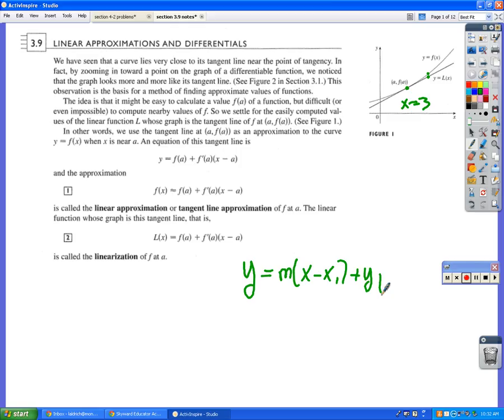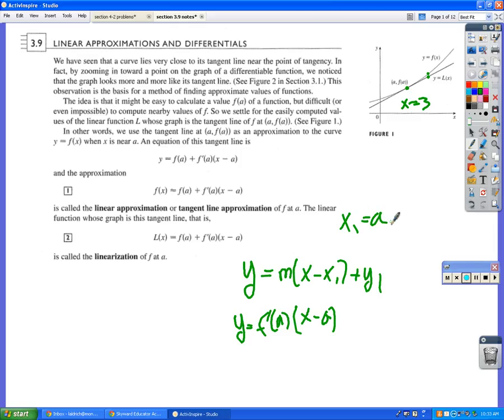In this class, the slope is the derivative. So we're going to rewrite this as y equals f prime of a, the derivative at that point, times x minus a, where we're letting x1 equal a.